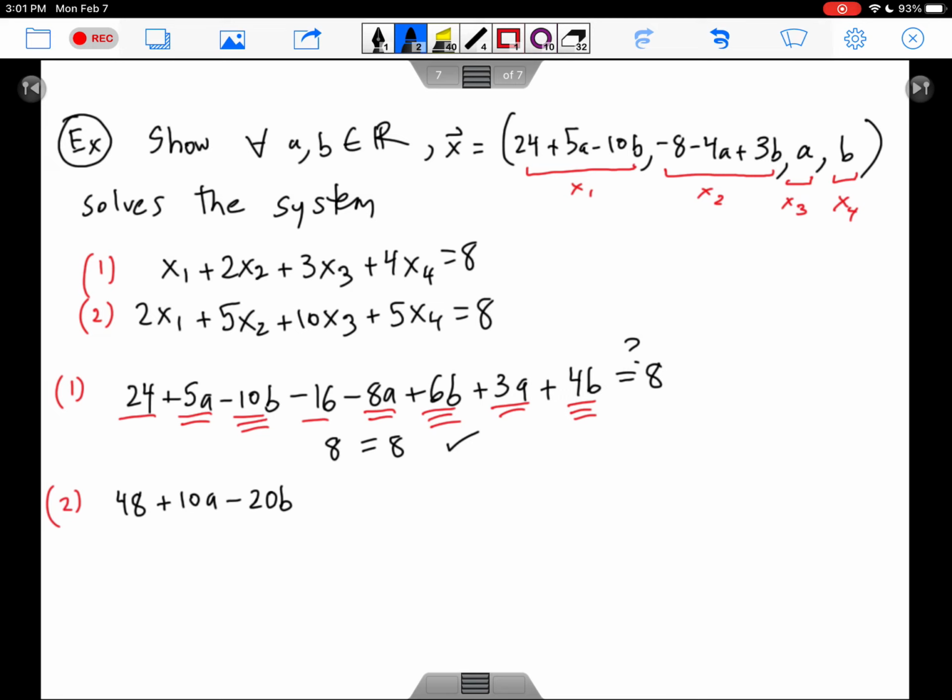And then we have to add 5 times x2, so that's going to be minus 40 minus 20a plus 15b. And then we have to add 10 times x3, that would be 10a. And then plus 5 times x4, that would be plus 5b. So does that equal 8?